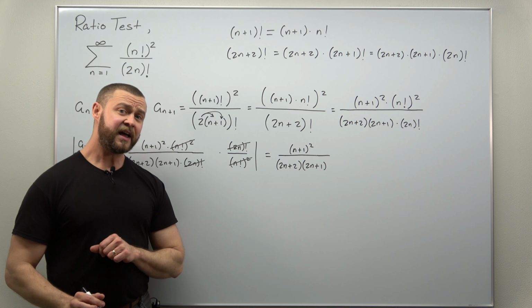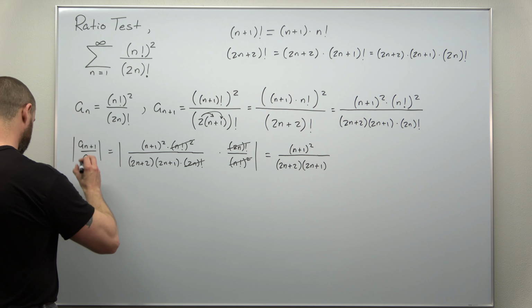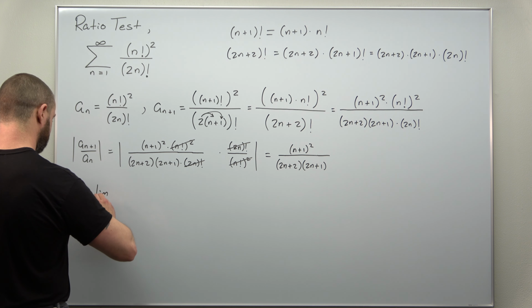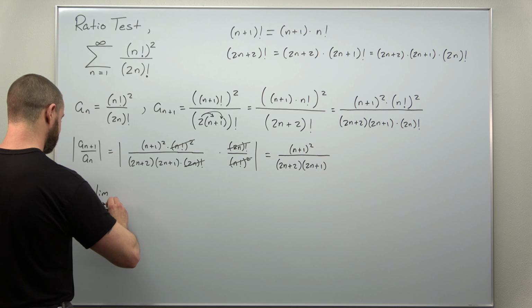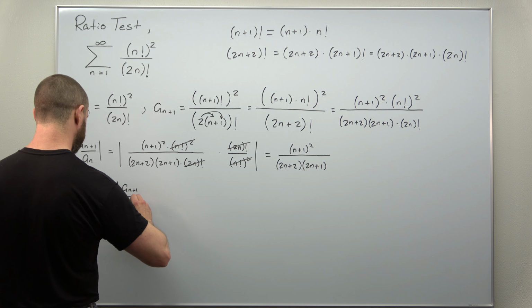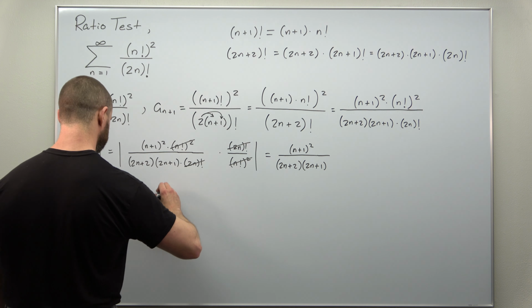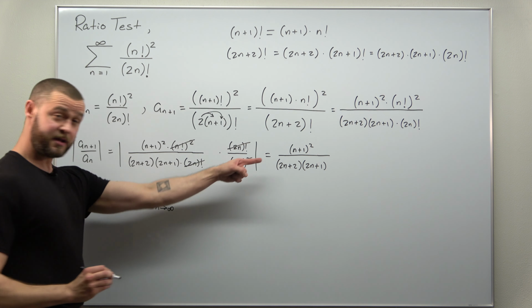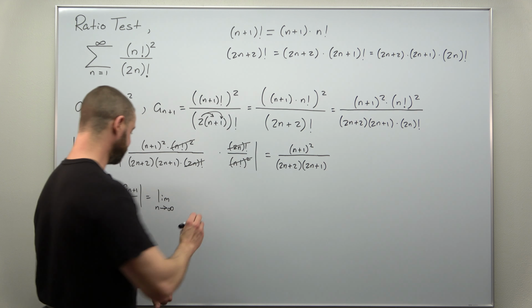What the ratio test has us look at is the limit, which we're going to call L, as n goes to infinity of the absolute value of that ratio. So we're going to calculate the limit as n goes to infinity of this simplified end result.